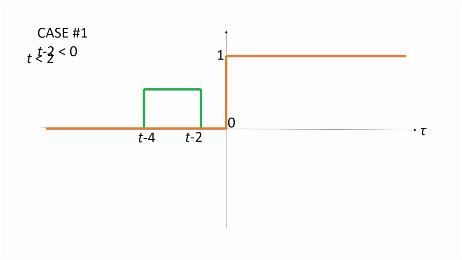So in this example, there will be 3 cases, and case number 1 is when t minus 2 is less than 0, or t is less than 2.